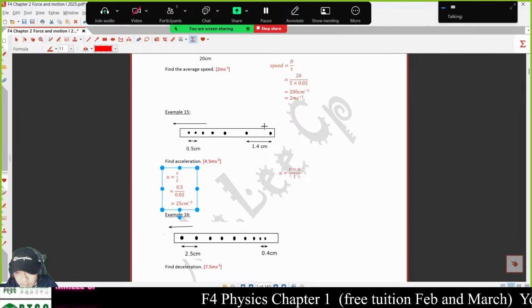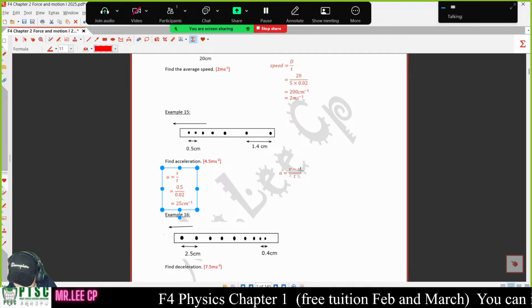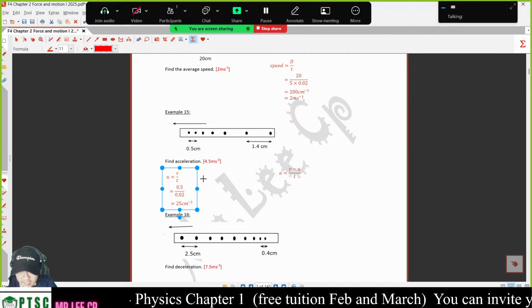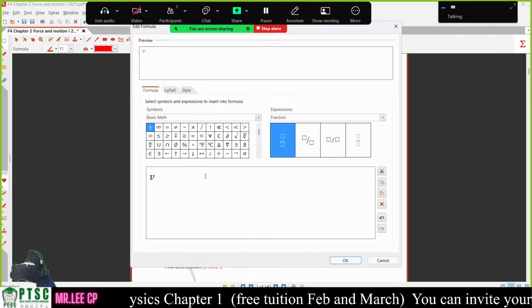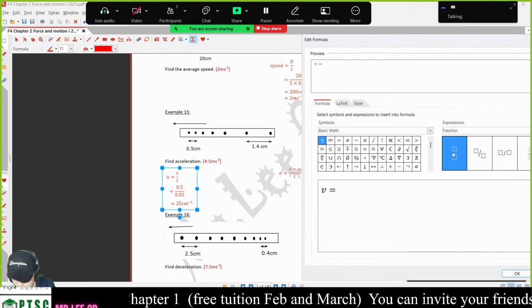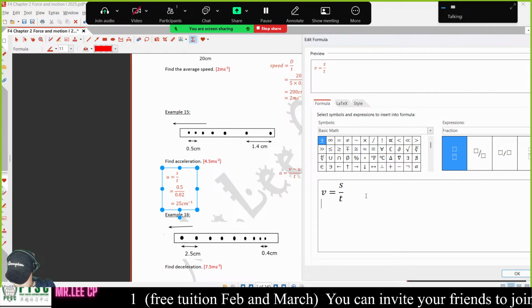How about the final velocity? I want to have v, I need u and t, so that I can get a. Final velocity v is 1.4 cm displacement over the time.